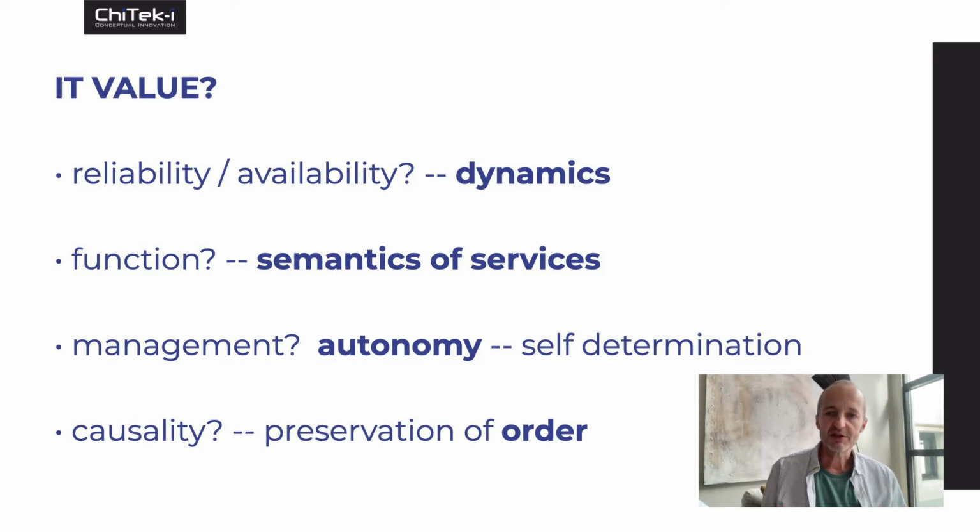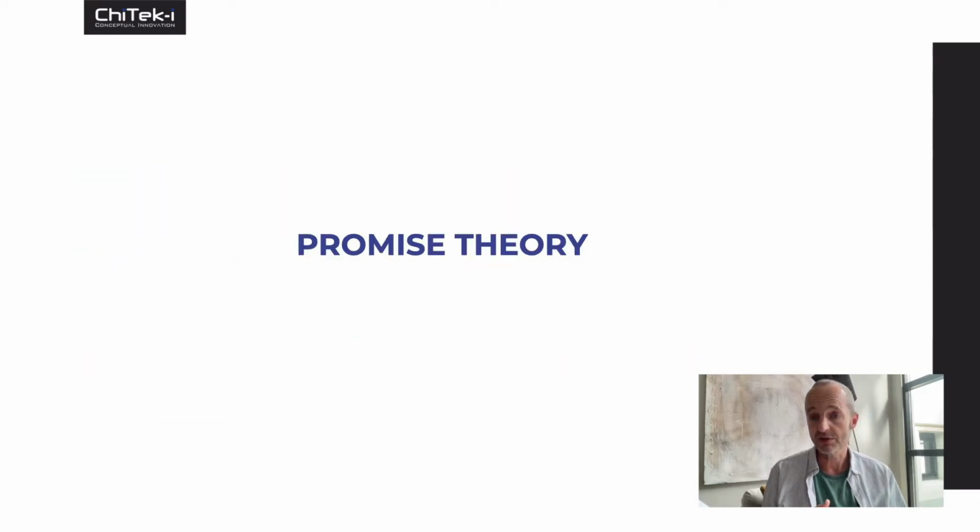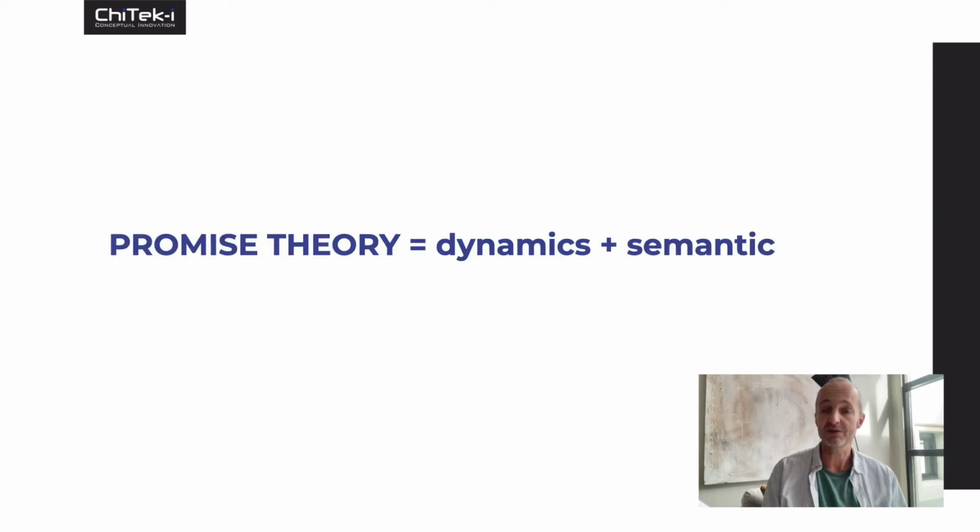So what I'd like to sketch out here is how we can form a unified approach to these issues based on something called promise theory. And this is something we've already been applying together with research to design both the dynamics and semantics of hardware and software components.